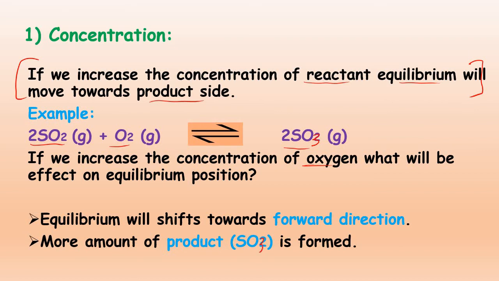If we increase the concentration of oxygen here on the reactant side, then, as I told you earlier, the equilibrium will shift to the opposite direction, which means it will move in the forward direction, and more product, that is SO3, is produced. So this is one example related to concentration.